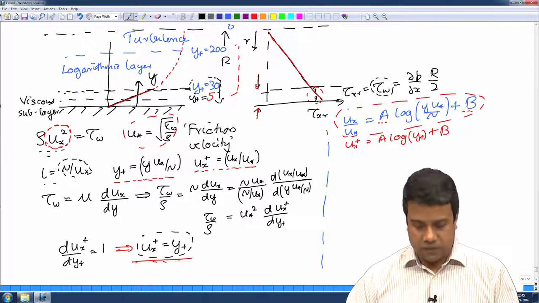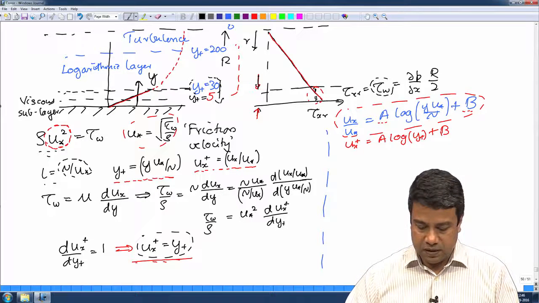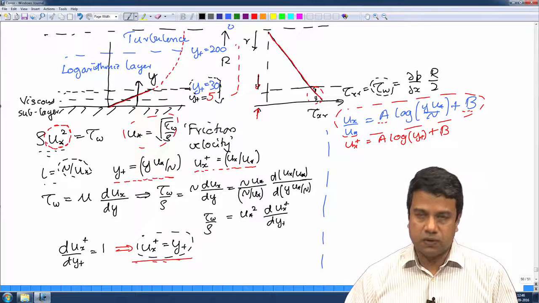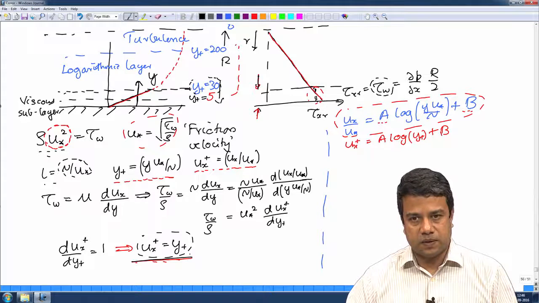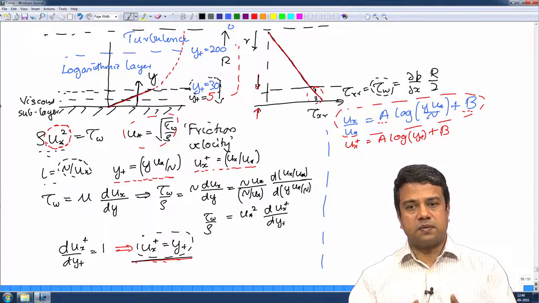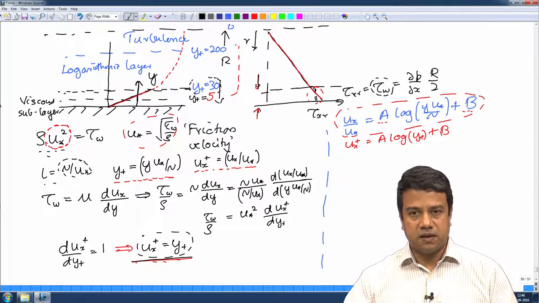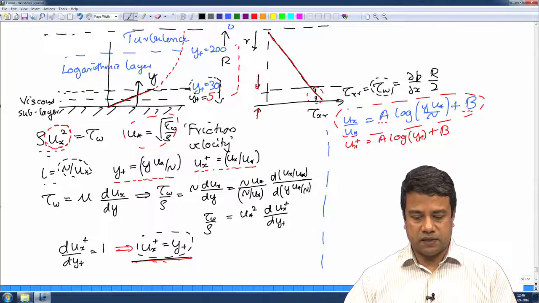So, close to the wall, when you express the velocity in terms of the friction velocity and the distance from the wall in wall units, you just get a linear profile, u_x plus is equal to y plus. Since the wall shear stress is much higher than what it would have been for a laminar flow, I said that the turbulent diffusivity is much higher. So, the rate of transport to the wall is much higher than what it would have been for a laminar flow.